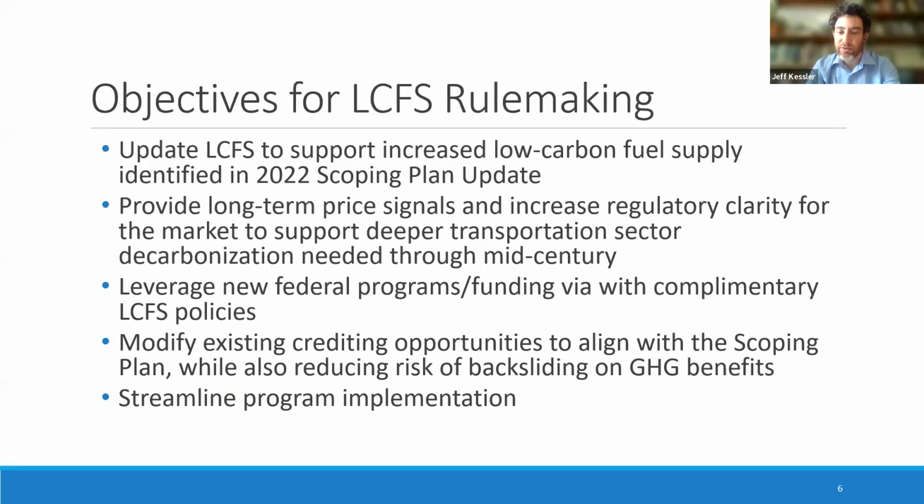CARB aims to improve market certainty and to provide clarity for the market to support deeper transportation sector decarbonization that will be needed through mid-century to achieve the state's greenhouse gas emission reduction targets. In addition, there are several new federal programs and funding sources that may be complementary to the program. Existing crediting opportunities and provisions of the LCFS are expected to be streamlined and modified to better align with the scoping plan.